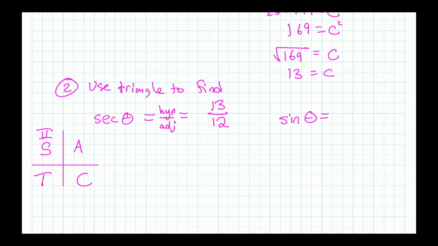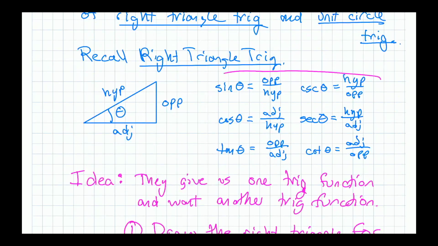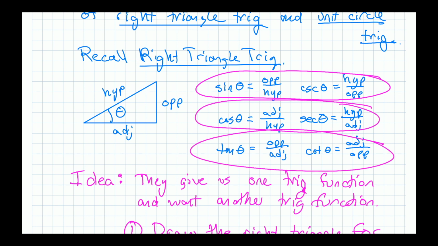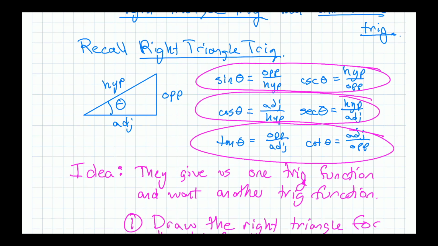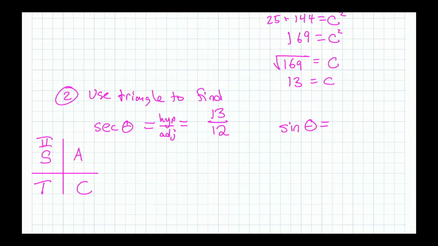And the cosine was positive in quadrant 4, right? And remember that it wasn't just the sine that was positive in quadrant 2. It was the sine and it was the cosecant, right? Because those are related. These two are related, have the same sign, because they're just upside down versions of each other. These two are related, and these two are related. So, in quadrant 2, the sine value is positive, right?